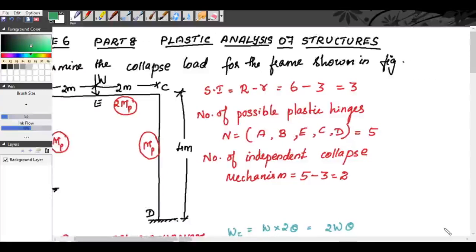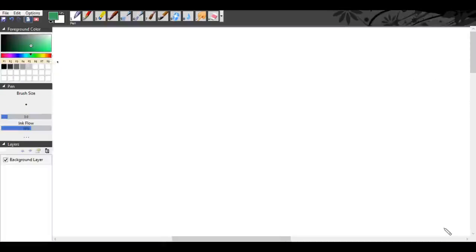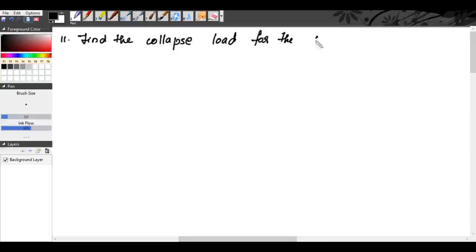So problem 11. Again, find the collapse load for the portal frame shown in the figure.